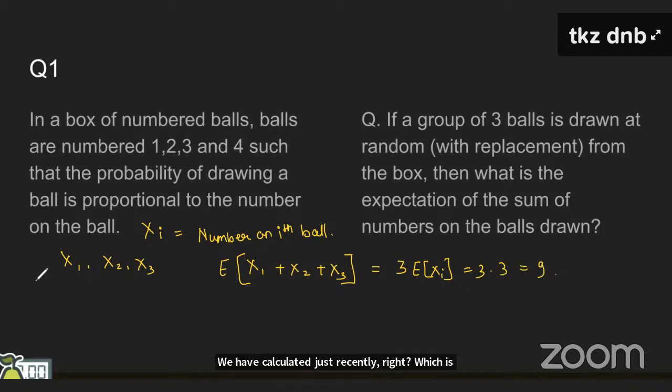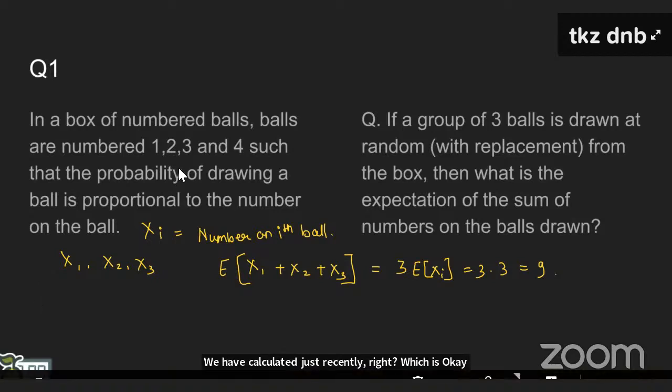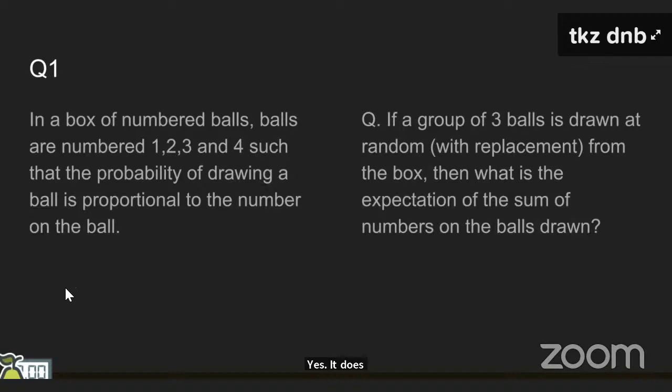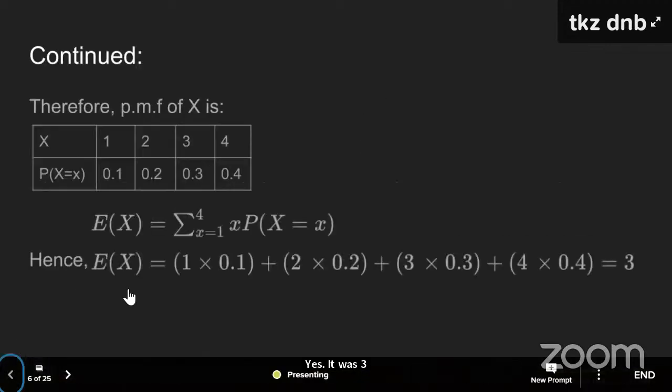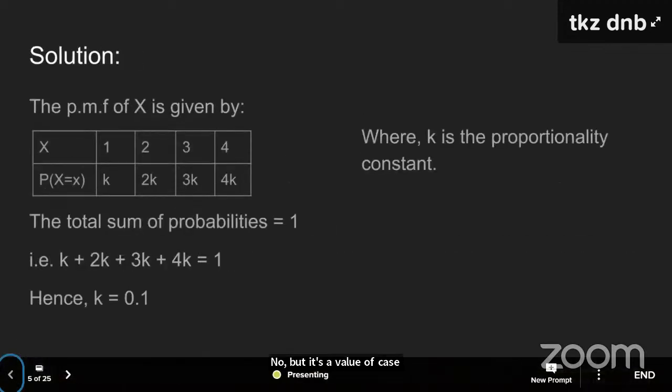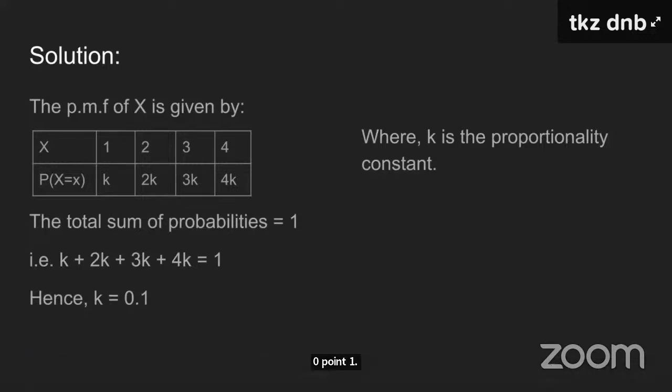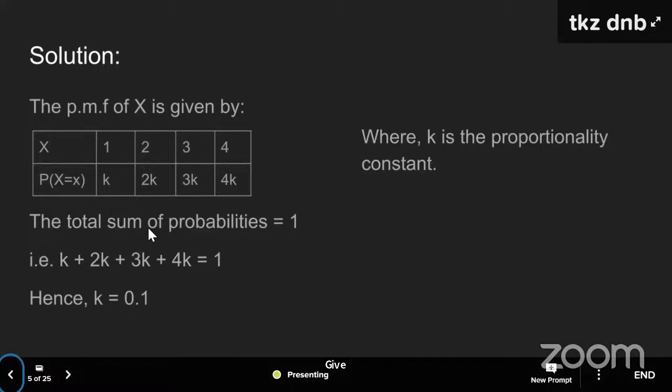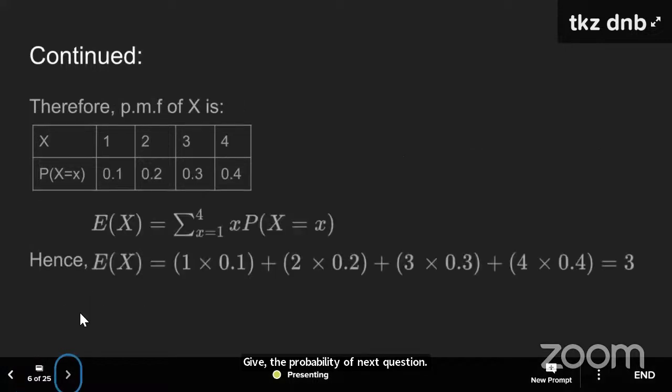Ma'am, what is the answer of the first one? It was 3 only. No, what is the value of K? 0.1. The K value gives the probability for the next question. It is not the next question, it is the same one. It is the probability.